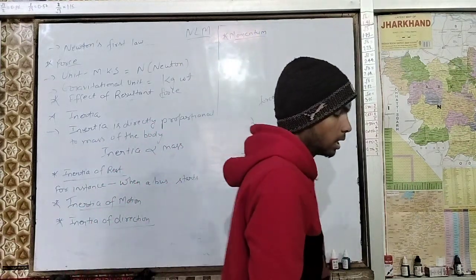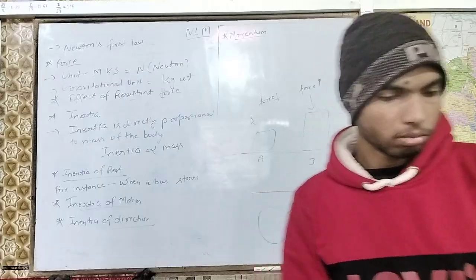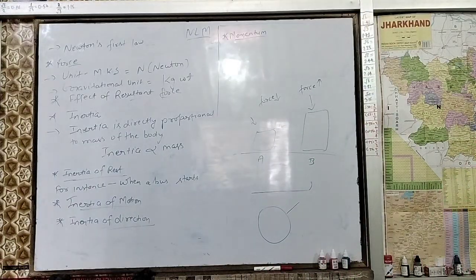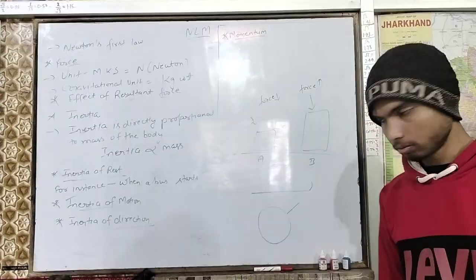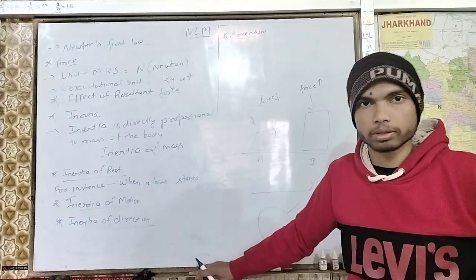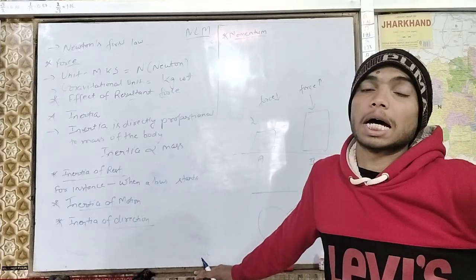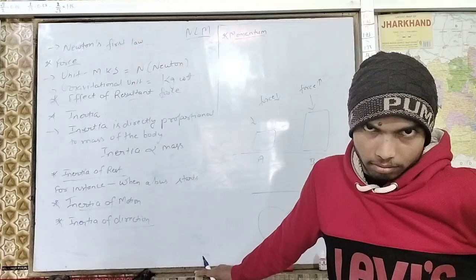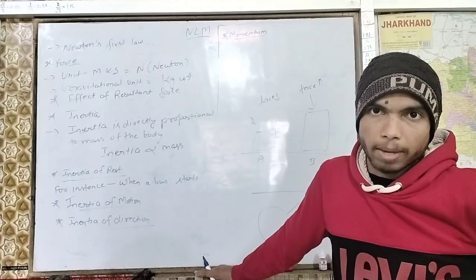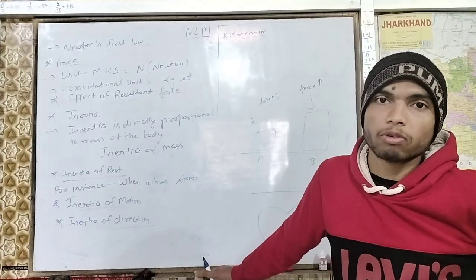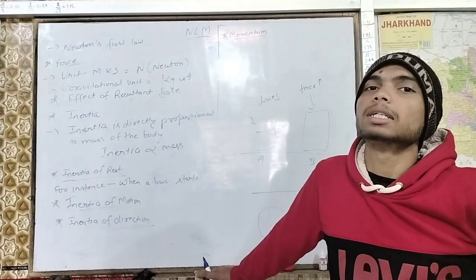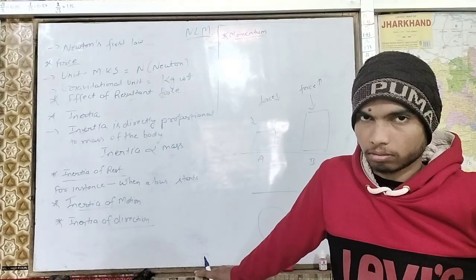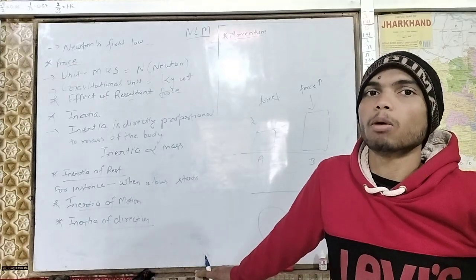Momentum will tell you the amount of motion, the amount of direction, the amount of mass and velocity, magnitude and direction. The amount of magnitude and direction will be our momentum.